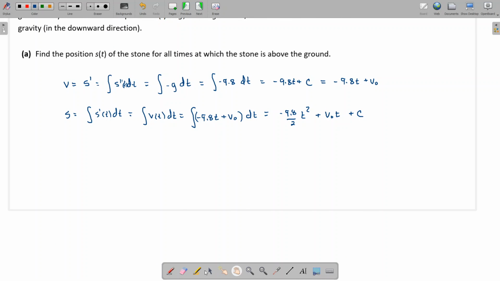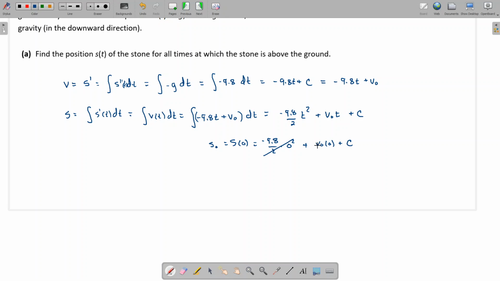But just like the previous one, we know that s naught, by definition, is s evaluated at 0. If we plug 0 into this, we get negative 9.8 over 2 times 0 squared plus v naught times 0 plus c.